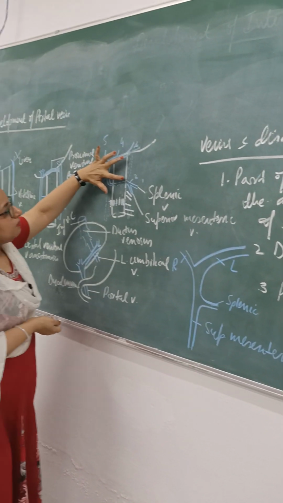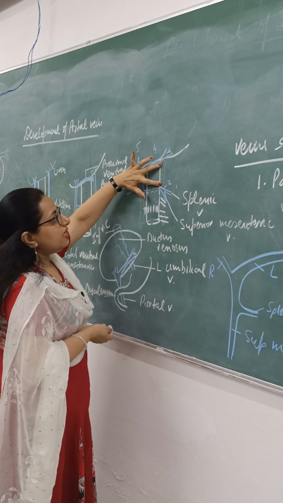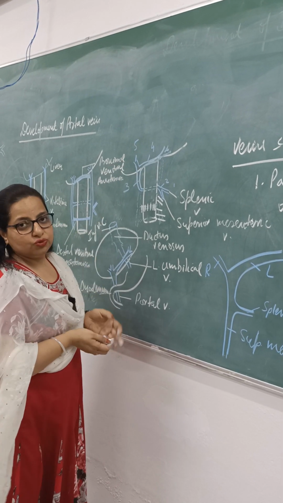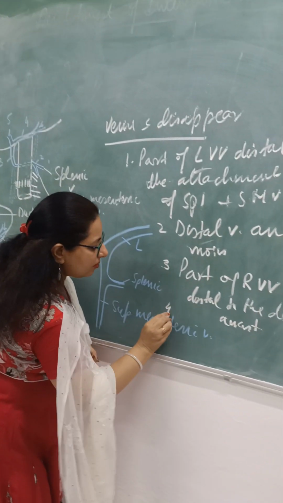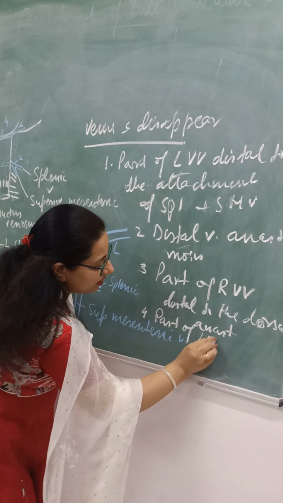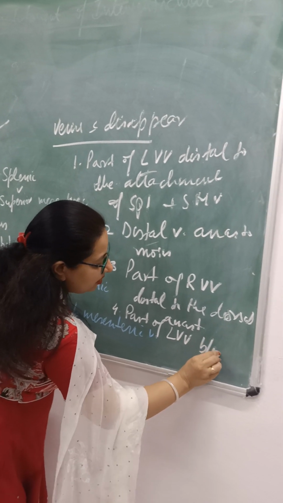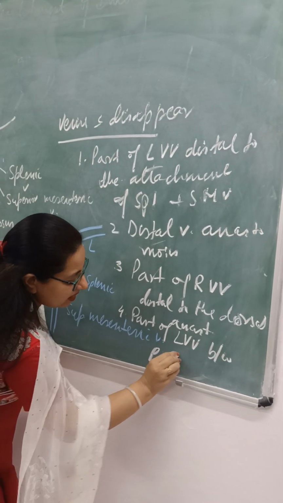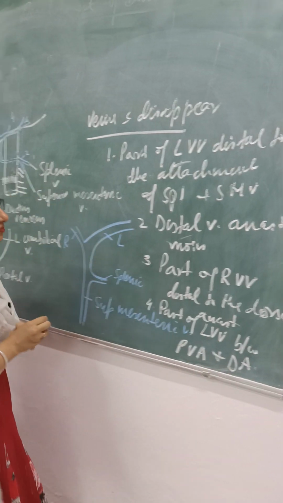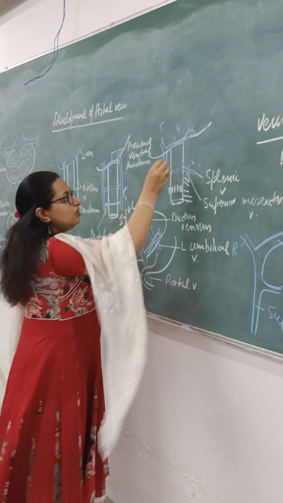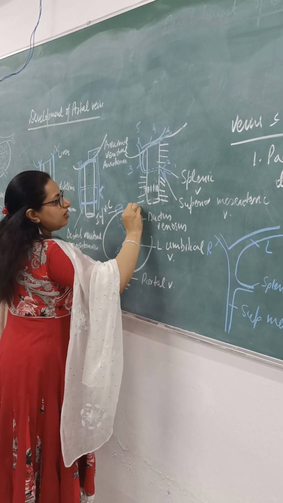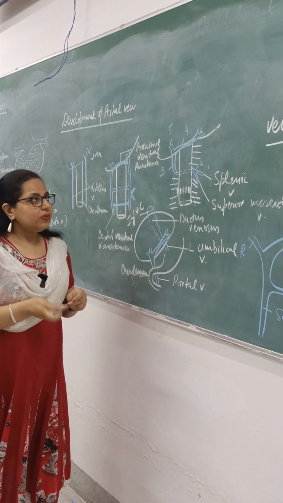And part of the left vitelline vein between the proximal ventral anastomosis and the dorsal anastomosis will disappear. So if I show it with these lines, you can make out that these parts are not there.